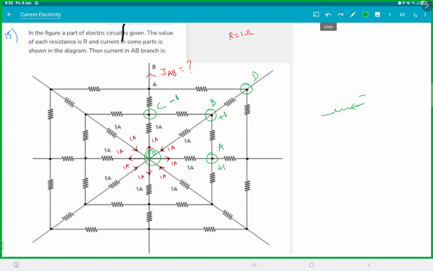So if you got this, anyone got D's potential? Won't it be -1 at A? Yeah, A is also -1. I'm sorry. That is your confusion. I was talking about B. Okay. My mistake. Sorry. Then what about D? Someone typed.